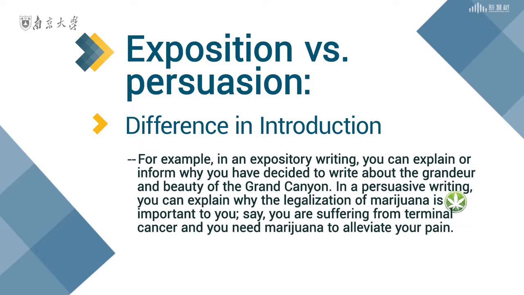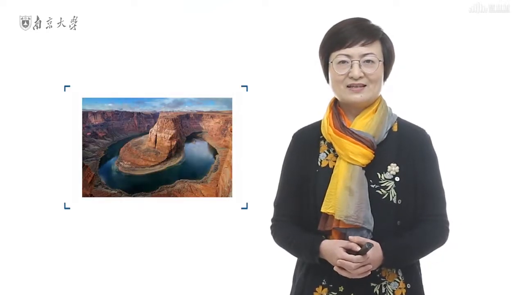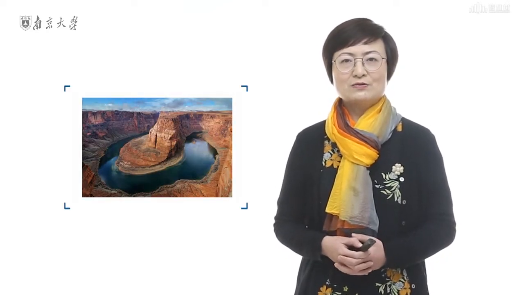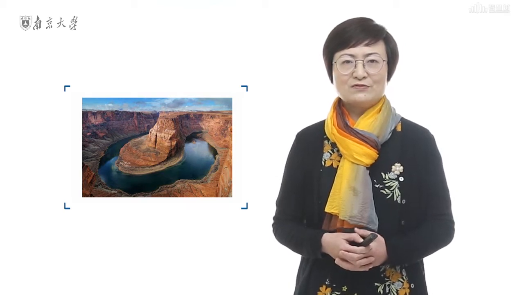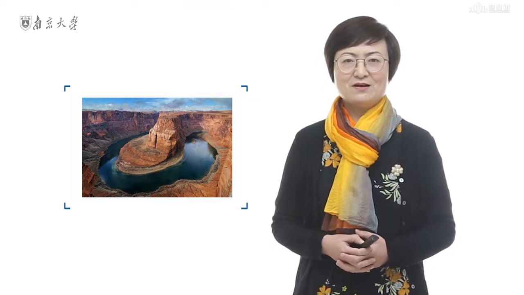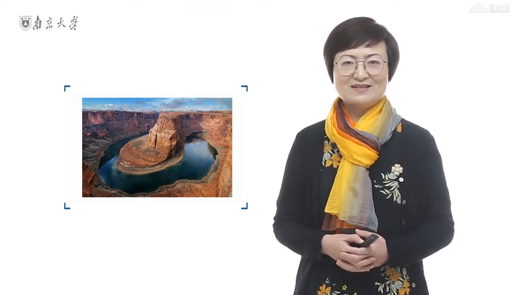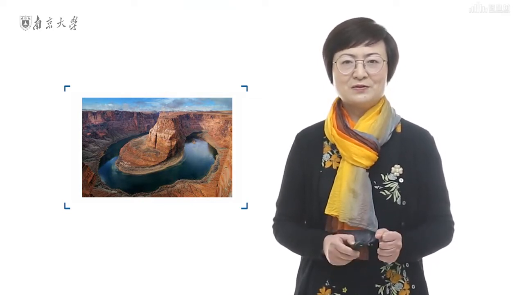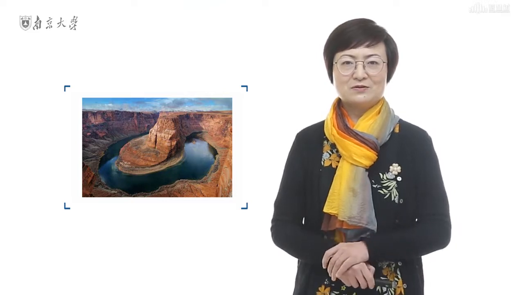Say, you are suffering from terminal cancer and you need marijuana to alleviate your pain. In the expository essay about the Grand Canyon, your audience will be those people who want to visit the national park based on your factual information. Whereas in the persuasive essay, your audience could be your state legislators or those who oppose the legalization.